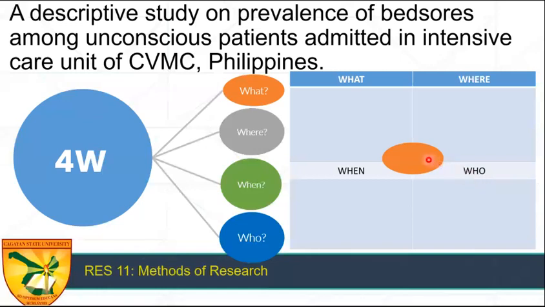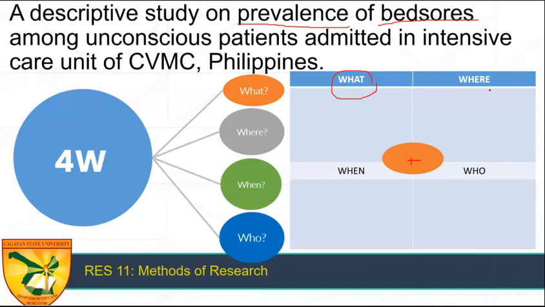Okay, so we go to the topic itself, or why we are doing this research. The answer here for the topic is the bed sores. Now we go to what. What here is the prevalence.